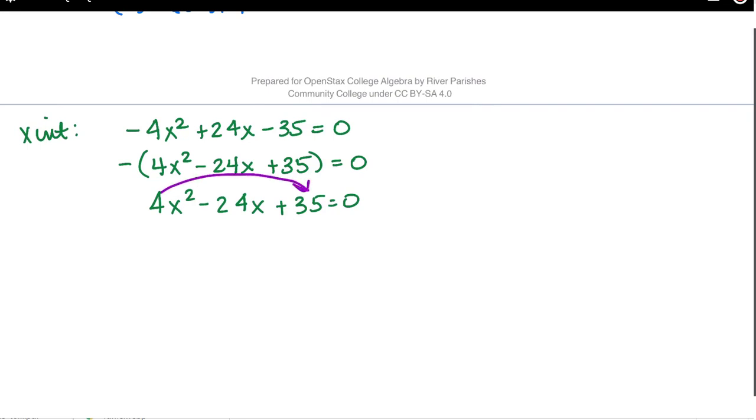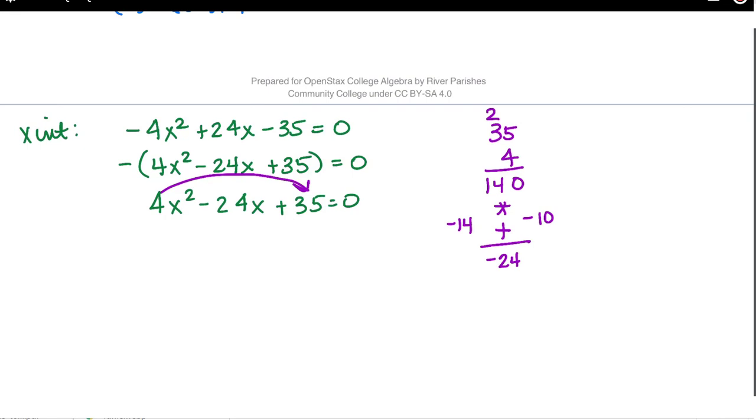So 4 times 35 is 140. So we want to know what can you multiply to get 140, but add to get negative 24, and it's going to be negative 14 and negative 10, because negative 14 plus negative 10 is negative 24. Negative 14 times negative 10 is positive 140.